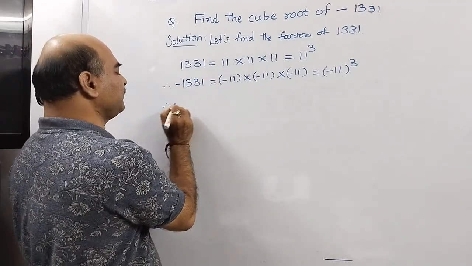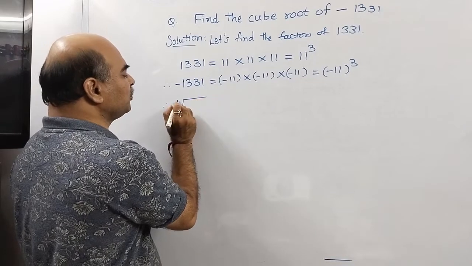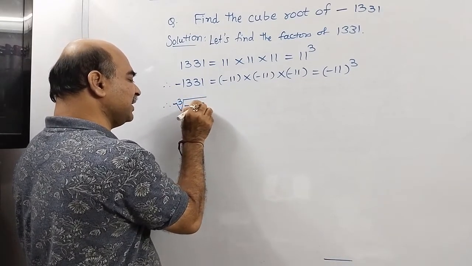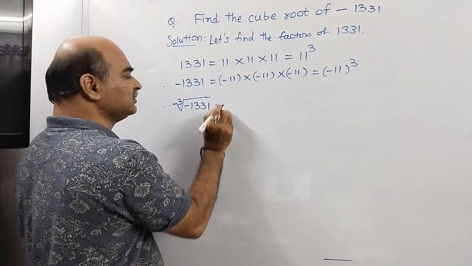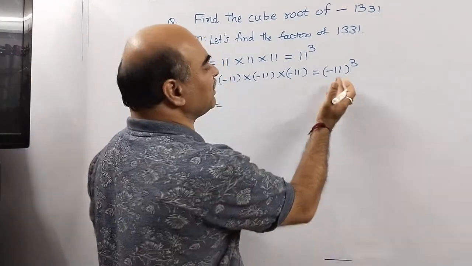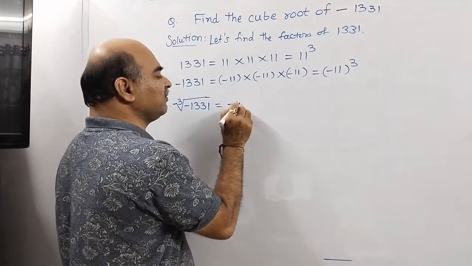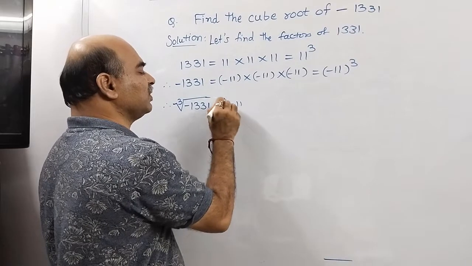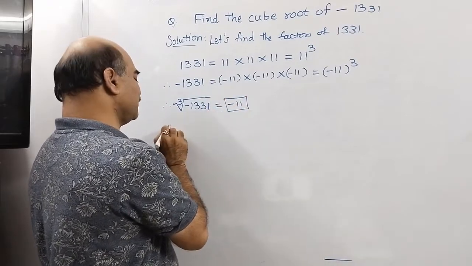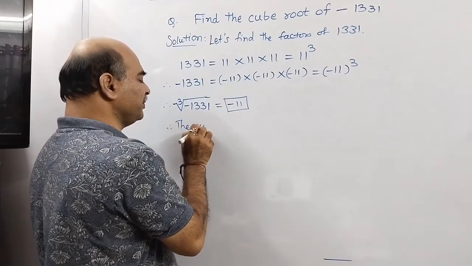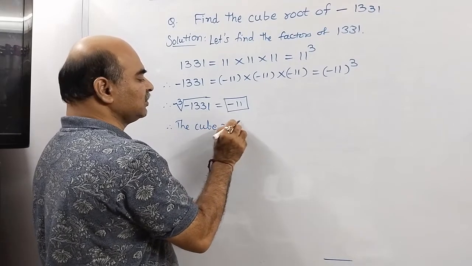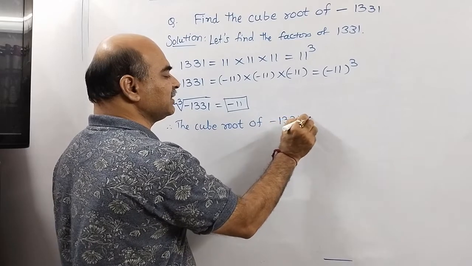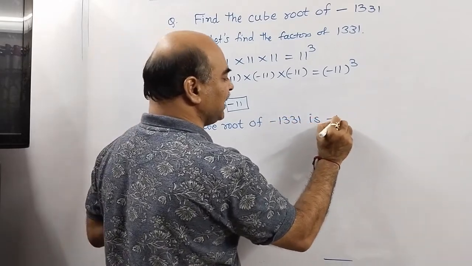So therefore if you want to find the cube root of this negative number, minus 1331, what base do we have to take? We have to take minus 11, because if we take minus 11 three times and multiply, the product is the negative number we want. So therefore here we can write the cube root of negative 1331 is negative.